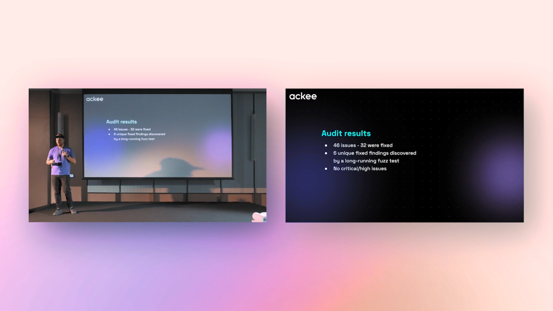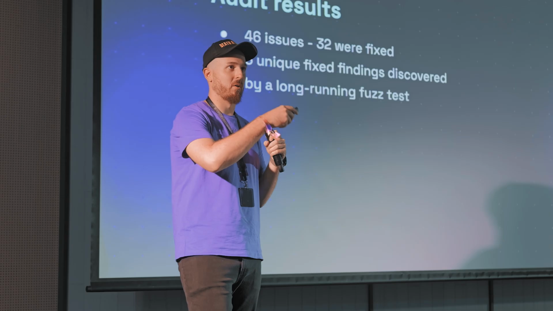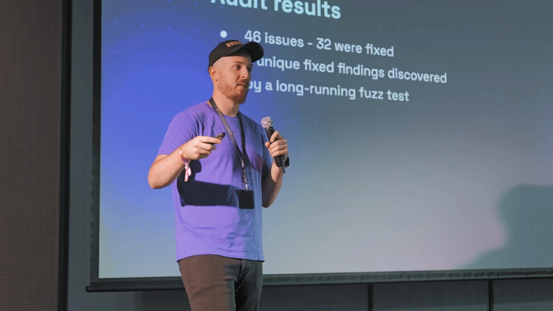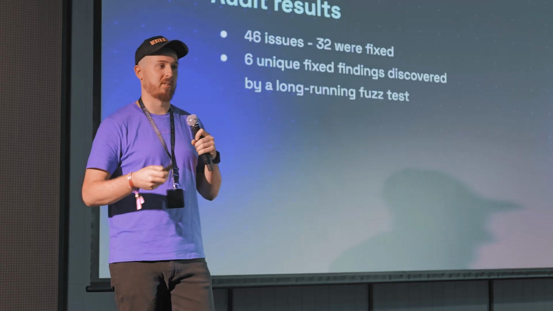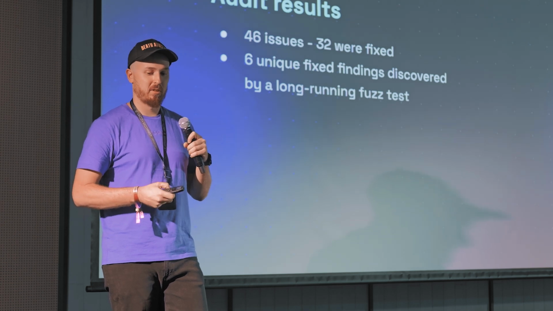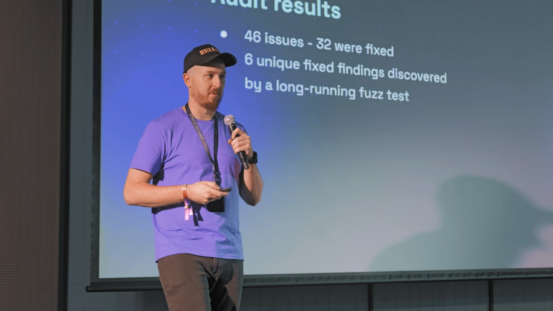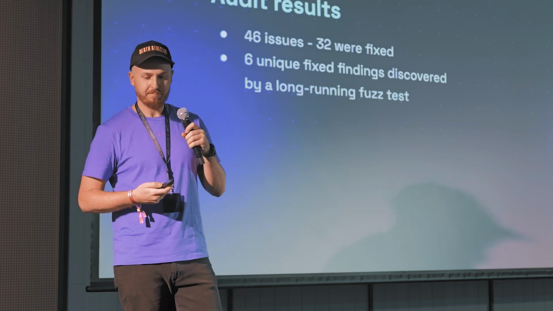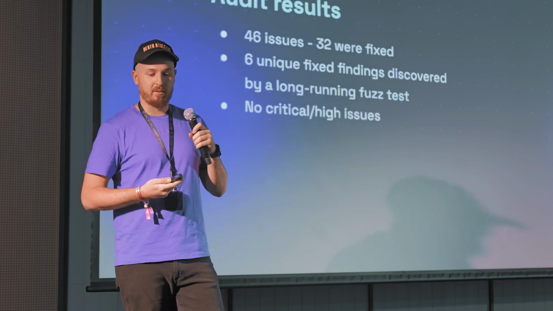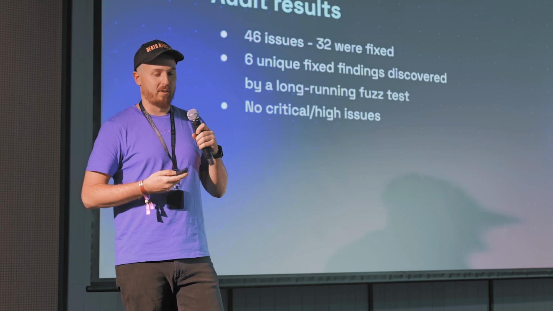But if you find an issue after 1 hour of running the fuzz test, then it means that you've written that fuzz test correctly, because that's the way these unique findings should be found. And there was no critical issue, I should say.